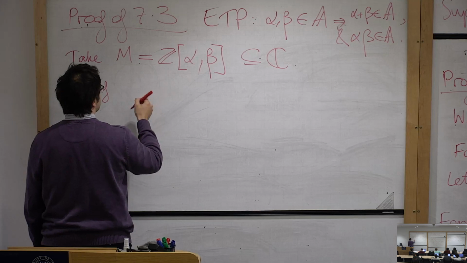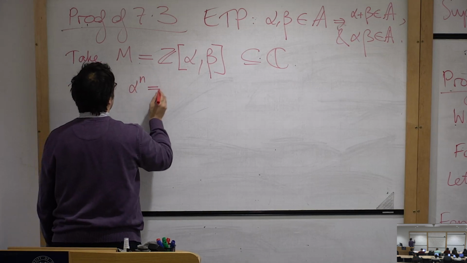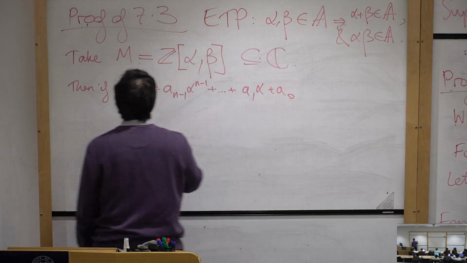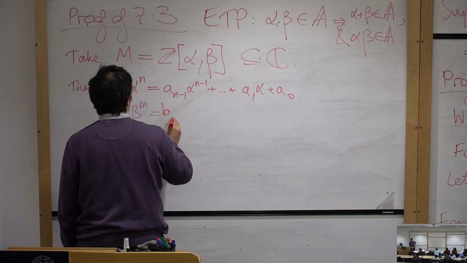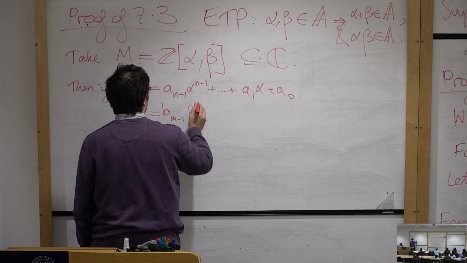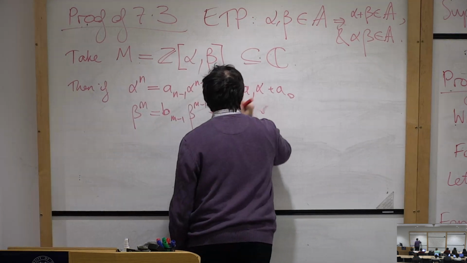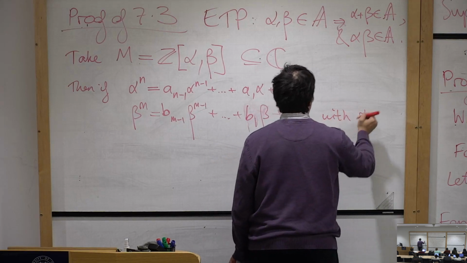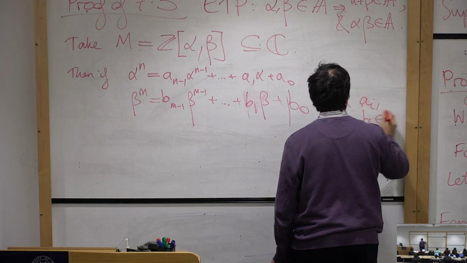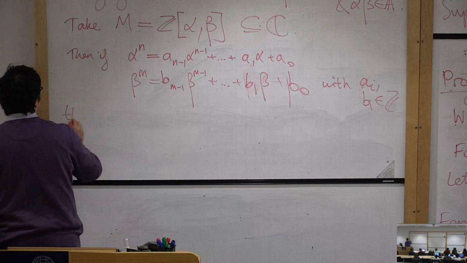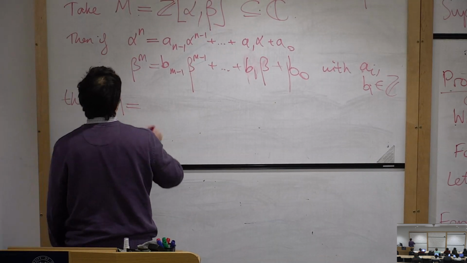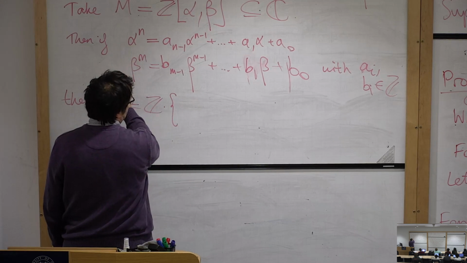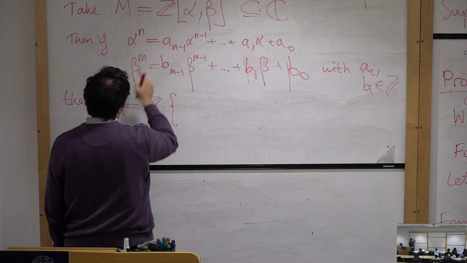So if alpha satisfies a monic equation of degree n, and beta satisfies a monic equation of degree m, with a's and b's integers, then you can check that this set, the set of integer linear combinations of monomials in alpha and beta, where the exponents are less than the pair n, m.